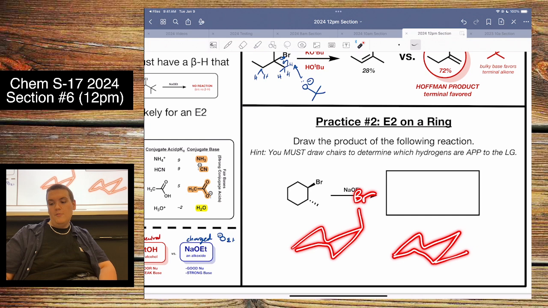So we can draw a version of this where the bromine's axial and a version where it's equatorial. But we know that we have to have that anti-periplanar geometry, right? So if I look at the beta hydrogen positions on these molecules, for this right chair, are any of those hydrogens at the beta position anti-periplanar to this bromine that's equatorial?